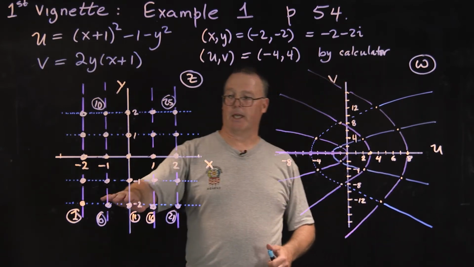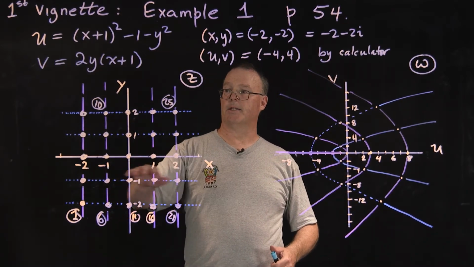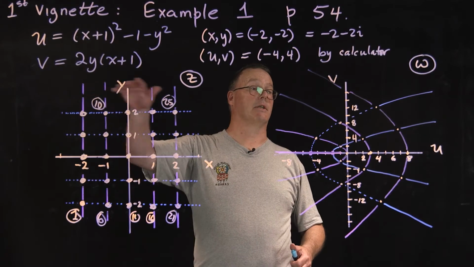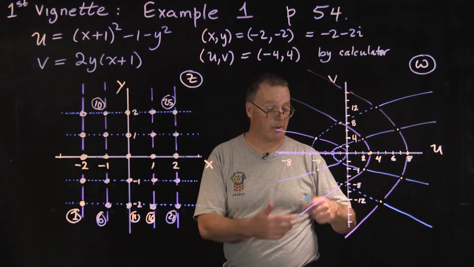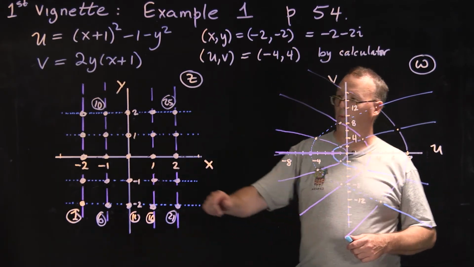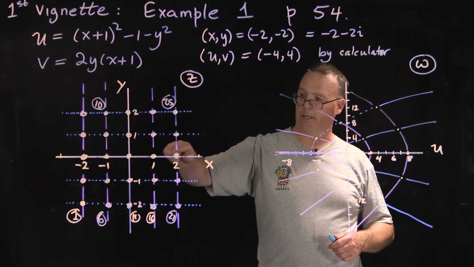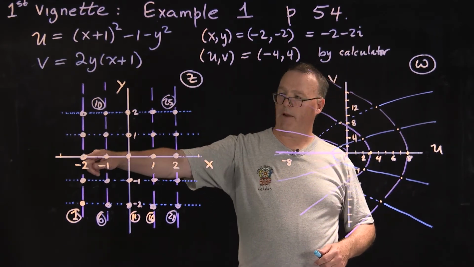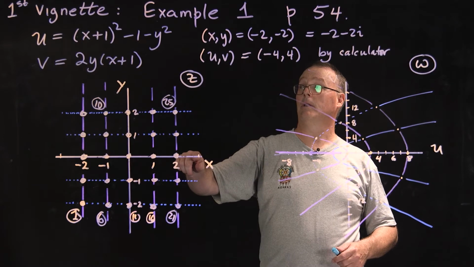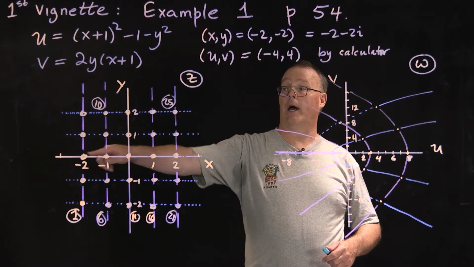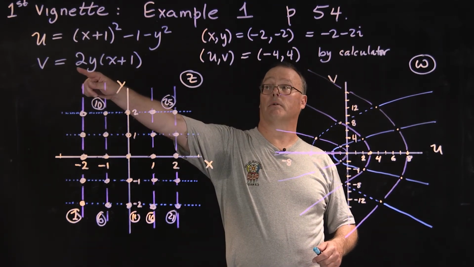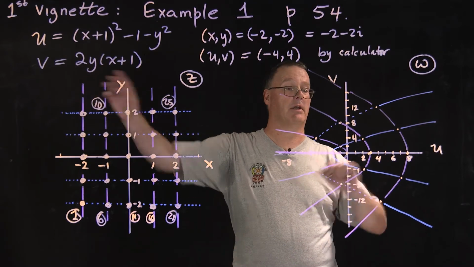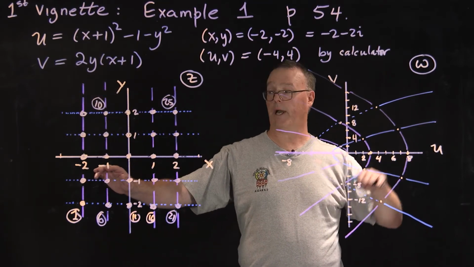We're almost done because this line and this line have the same images as this line and this line. Again, that doubling up happens. But what about the image of this line? Well, every one of these points is real. Okay, so y is 0 here, so v is all 0. So we have to stay on the u-axis.